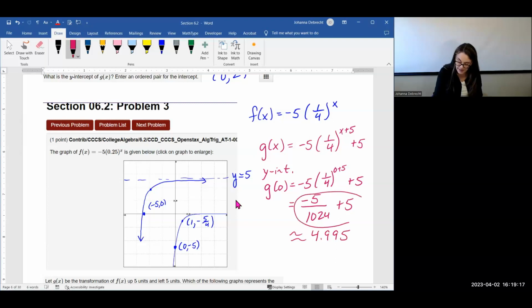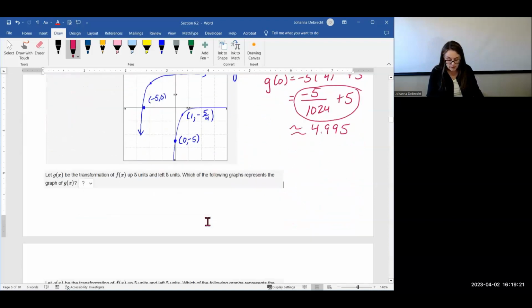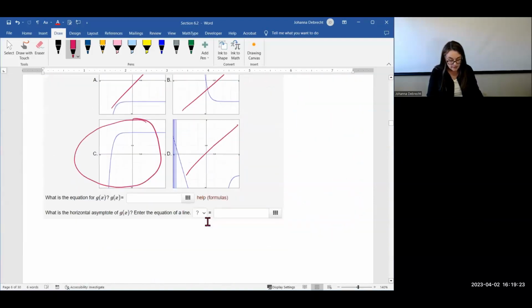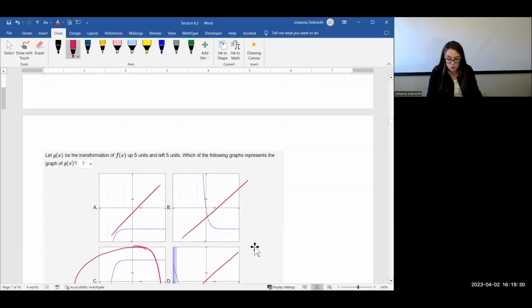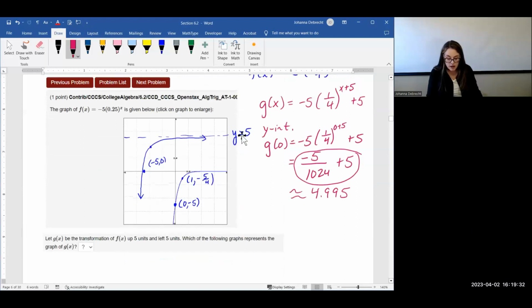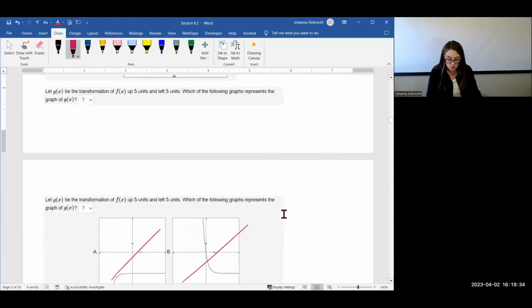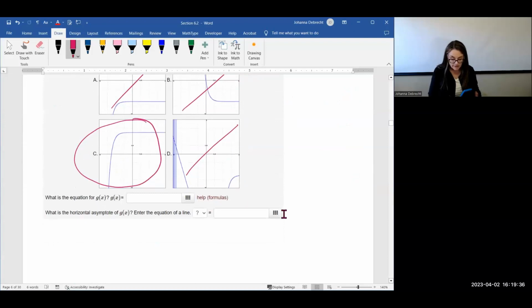This is a more exact value, and you'd probably put in the approximation. Now, what is the horizontal asymptote of g of x? It got shifted up 5, so the horizontal asymptote is y equals 5.